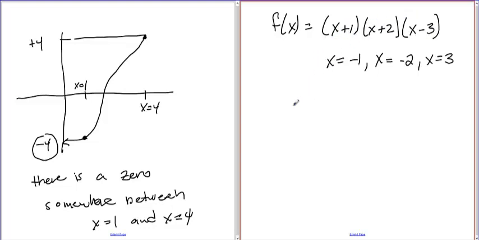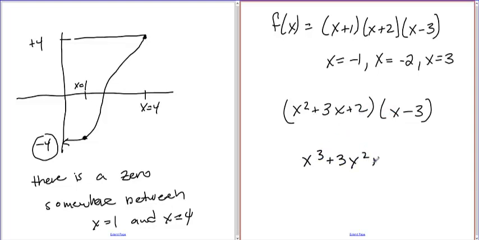So if we multiply the first two terms together, using FOIL, you get x squared plus 3x plus 2. And then we multiply by the third term. It doesn't matter which order you do these in. I just chose the first two. So you get x squared plus 3x plus 2, times x minus 3. Now you can multiply these together. If you multiply x times each one of these, you'll get x cubed plus 3x squared plus 2x. And then we have -3 times all those terms.